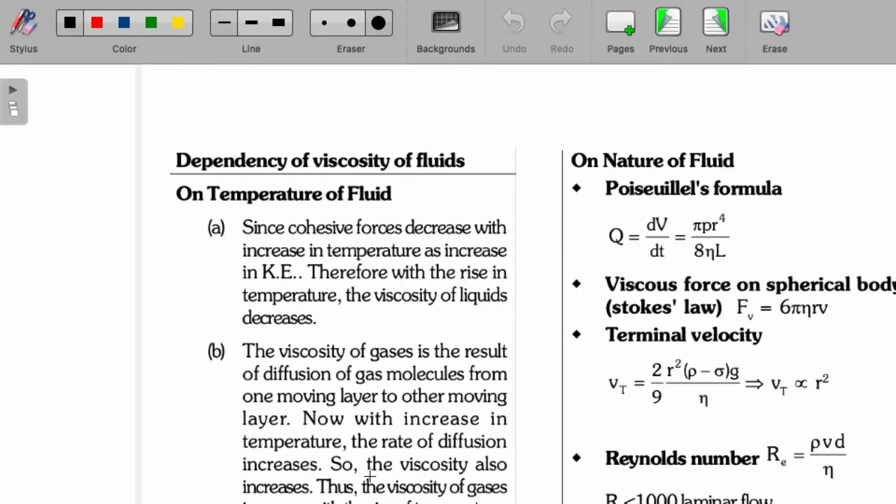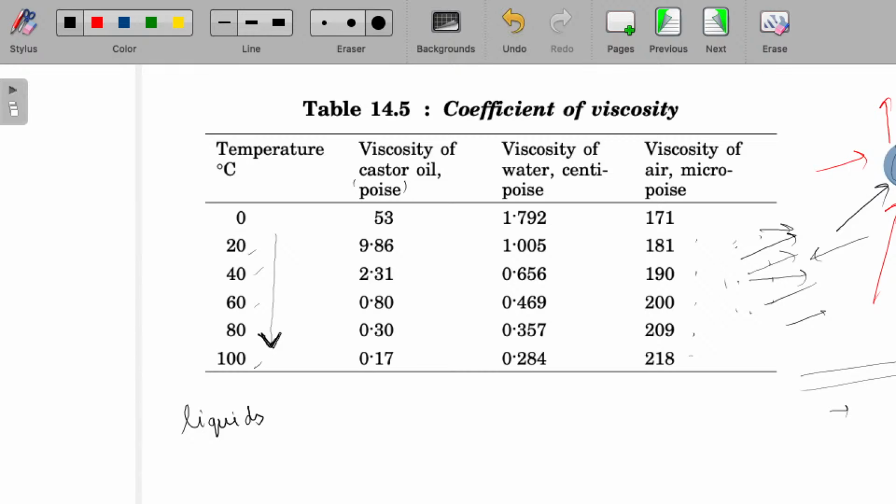We know that the Vrms of the gas is root over 3 RT by m, if you consider 1 mole.